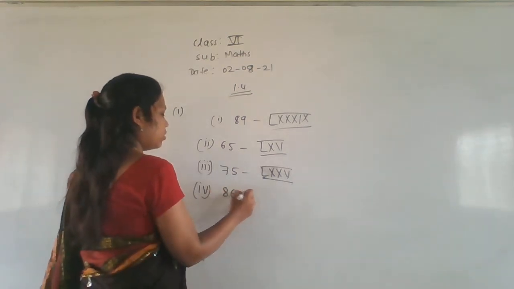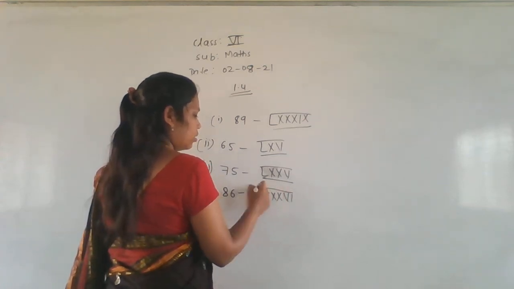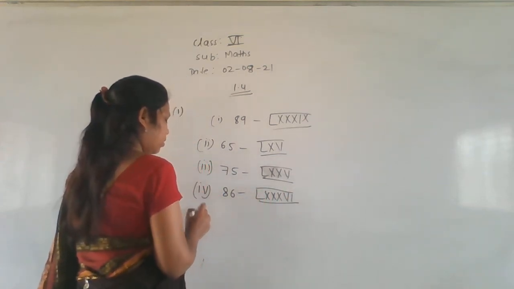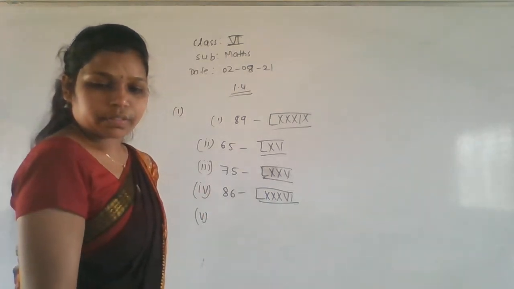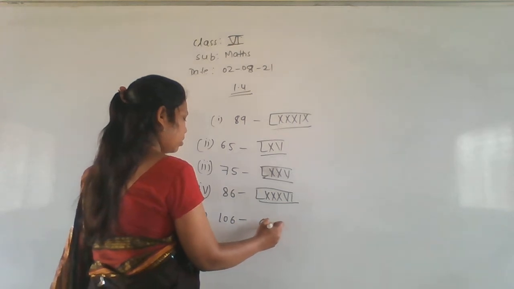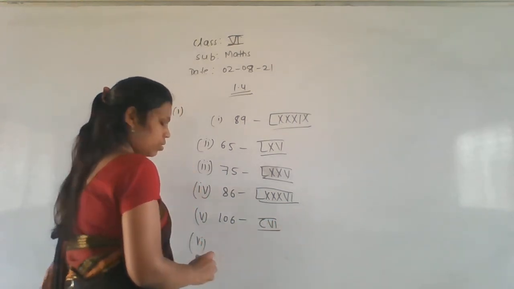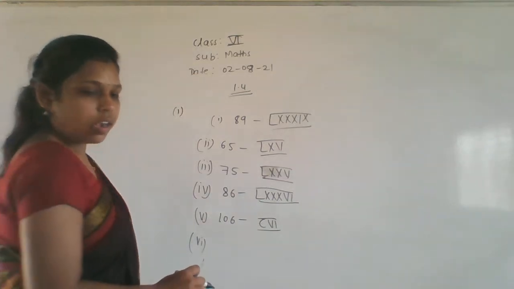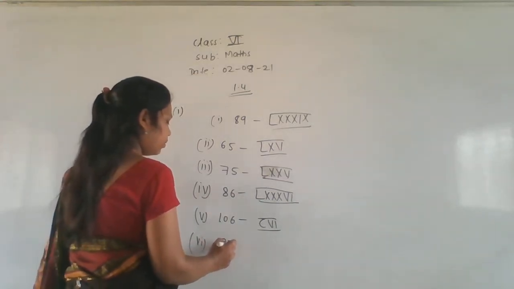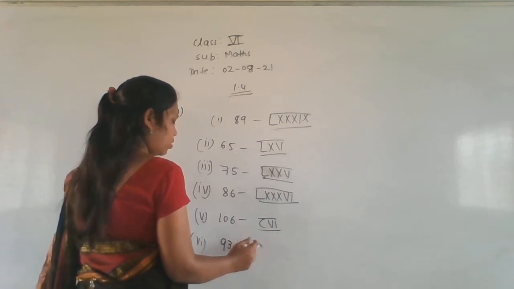86. 86. Fifth one, 106. 93. Just note down everyone. These are very easy concepts, right?